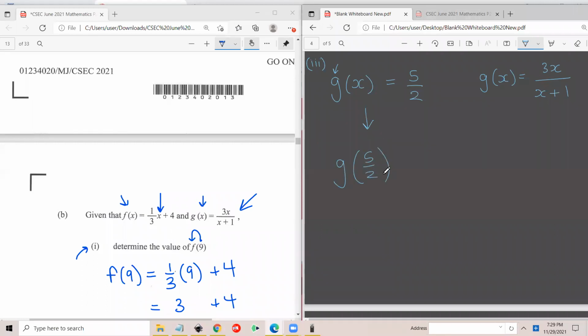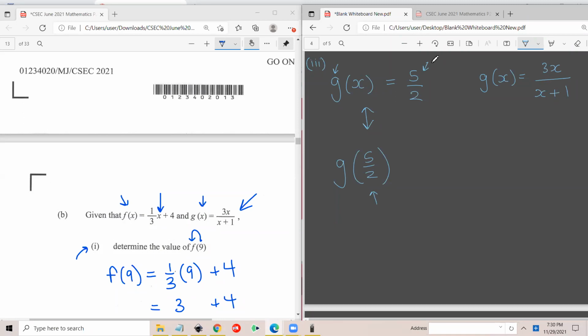You all see the difference between these two questions? In this one, the 5 on 2 is inside the brackets. In this one here, the 5 on 2 is not inside the brackets. It's on the other side of an equal sign.